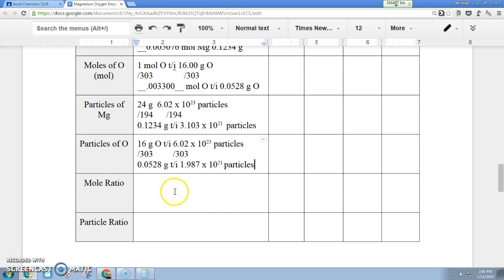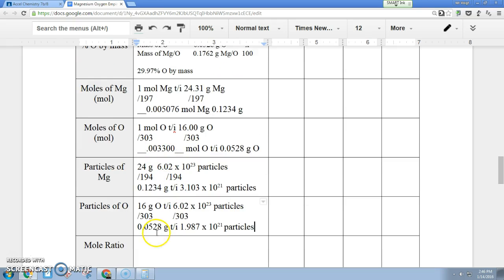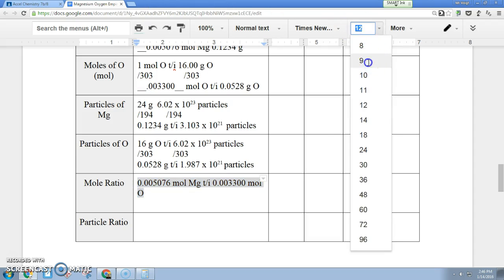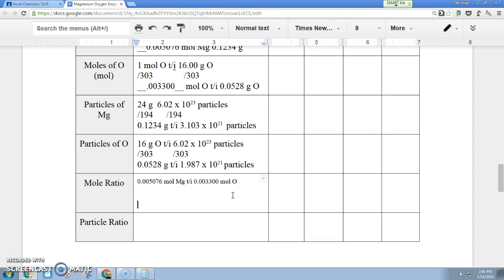Okay, last two. Mole ratio. I'm going to use my moles of magnesium and my moles of oxygen. And I have, in this experiment, 0.005076 moles of magnesium. There is 0.003300 moles oxygen. I have to make this a little smaller. I want the smaller one probably to be the number 1, so that's oxygen.